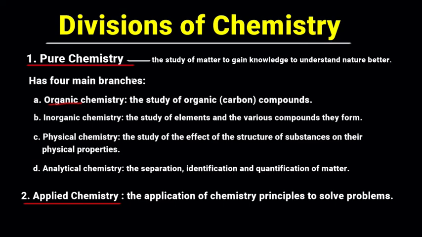One is pure chemistry. Now, nature is full of matter. So, anytime we study the matter that we are surrounded with, the items we are surrounded with, so that we understand nature better, then that is an aspect of chemistry called pure chemistry.